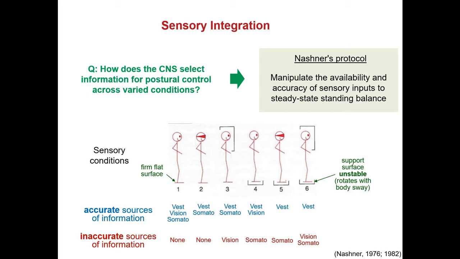Similarly, in conditions 4, 5, and 6, the somatosensory system is detecting information about the relationship between the body and the tilting support surface. But because the platform is moving with body sway, we're consequently getting inaccurate information about how the body is postured relative to the ground surface.